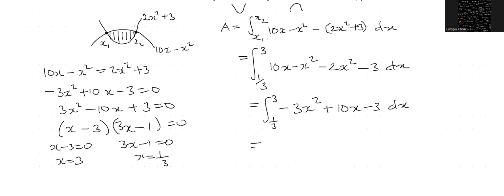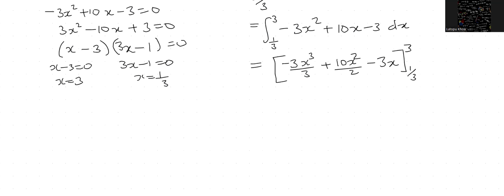This is minus 3x cubed over 3 plus 10x squared over 2 minus 3x, from 1 over 3 to 3. Okay, this is just simplifying before I substitute. Minus x cubed plus 5x squared minus 3x, from 1 over 3 to 3. Okay, now we substitute.